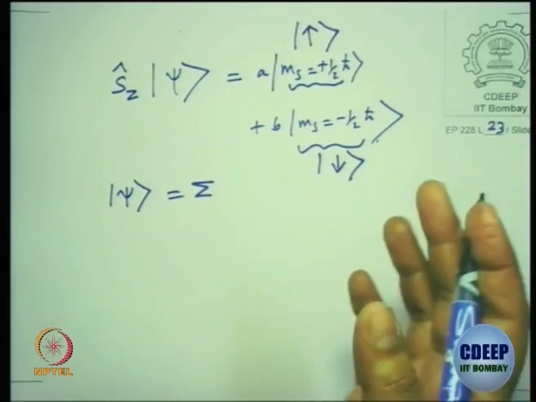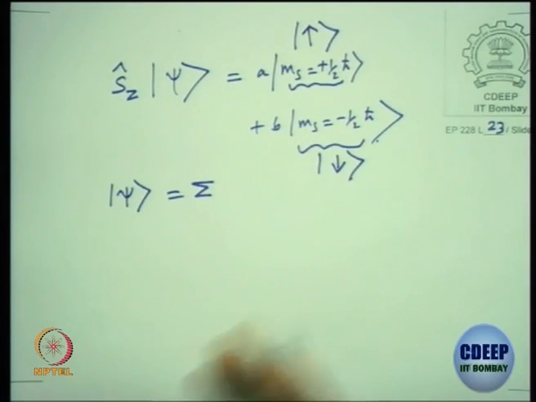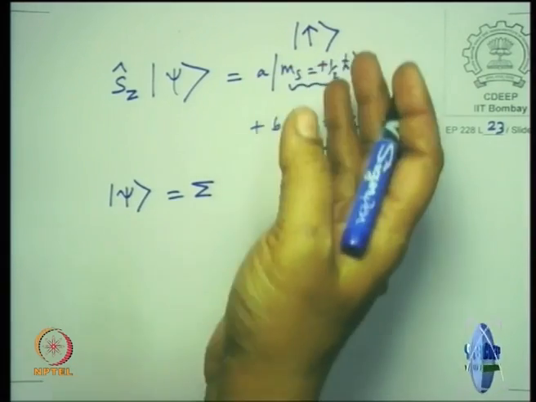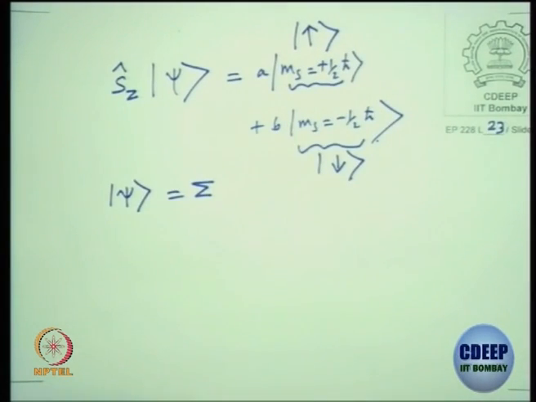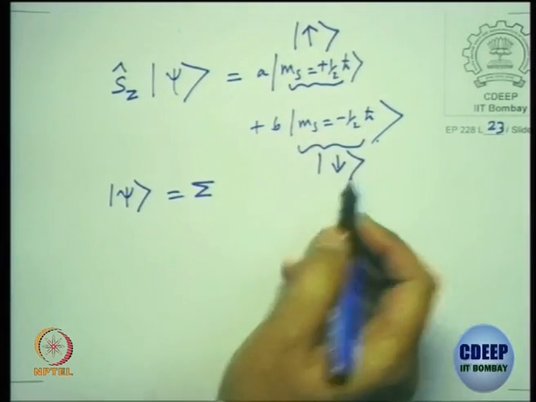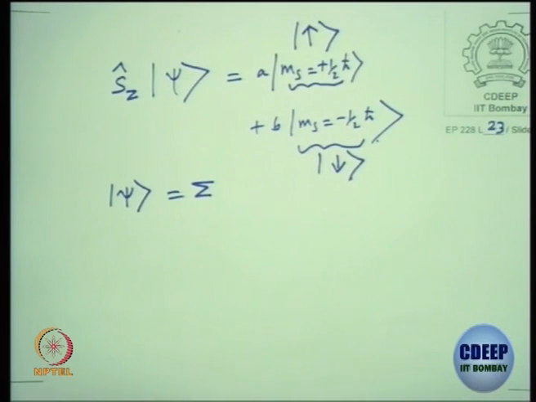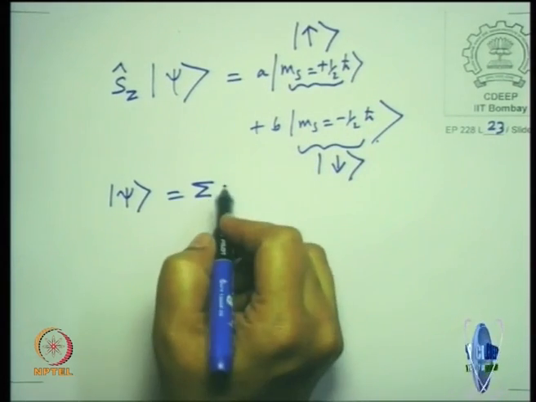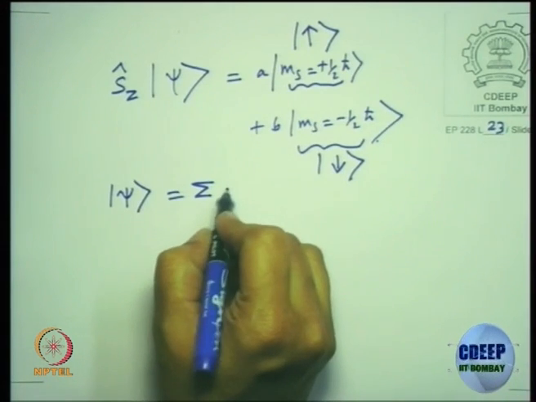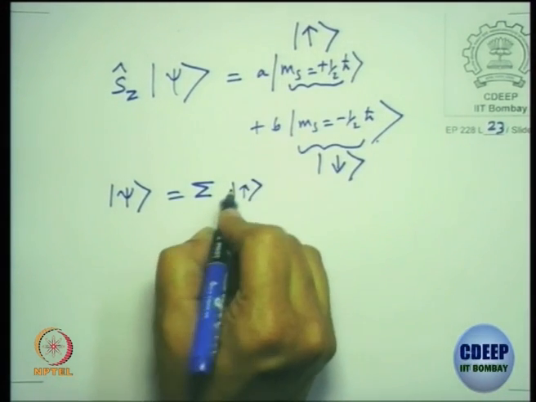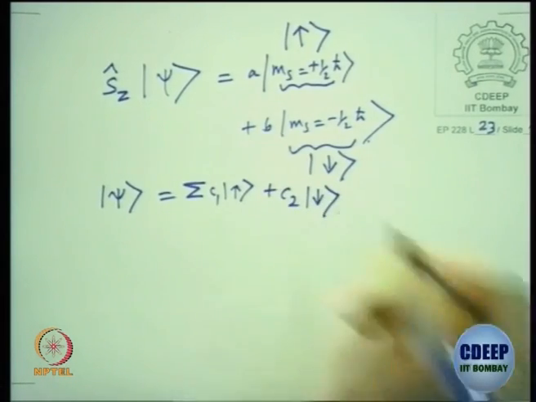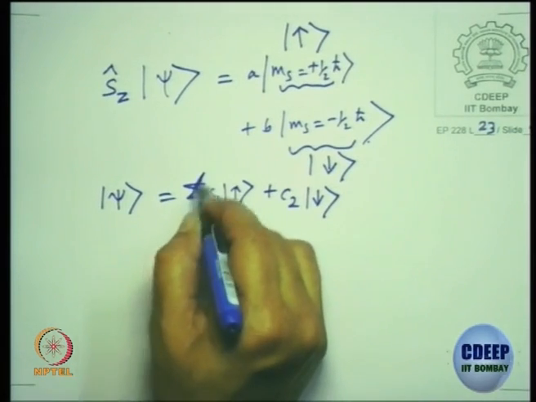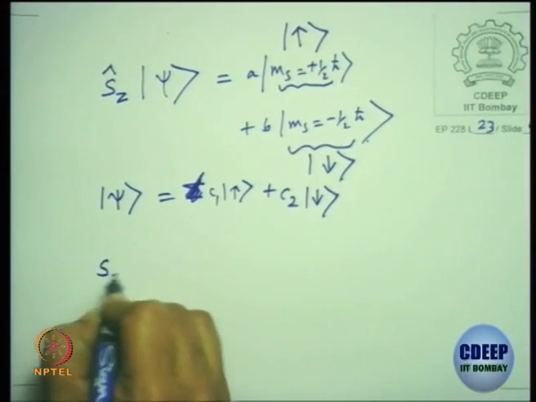If you try to measure the eigenvalue of the SZ operator, it will be plus half h cross, which I can formally denote as pointing in the up direction, and minus half h cross pointing in the down direction. This is just a symbolic way of denoting. So you can in principle write it as a linear combination of up spin with some coefficient C1 plus C2 times down spin. There is no need for a summation. How will you write the SZ operator?